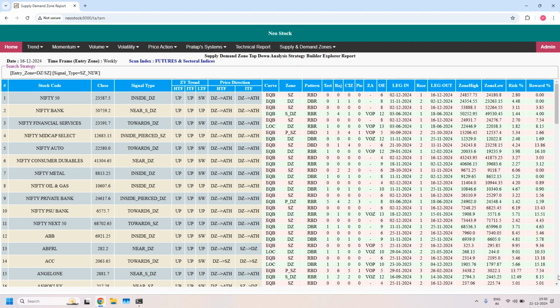Oh, there are so many supply zones created during this week, including Nifty 50, Nifty Bank, Nifty Financial Services, Nifty Mid Cap Select, Nifty Auto, Nifty Consumer Durables, Nifty Metal, Nifty Oil and Gas, Nifty Private Bank, Nifty PSU Bank, Nifty Next 50. We are maintaining 17 indices. Out of 17, 11 indices are having newly created weekly supply zones. And also you can observe the stocks.